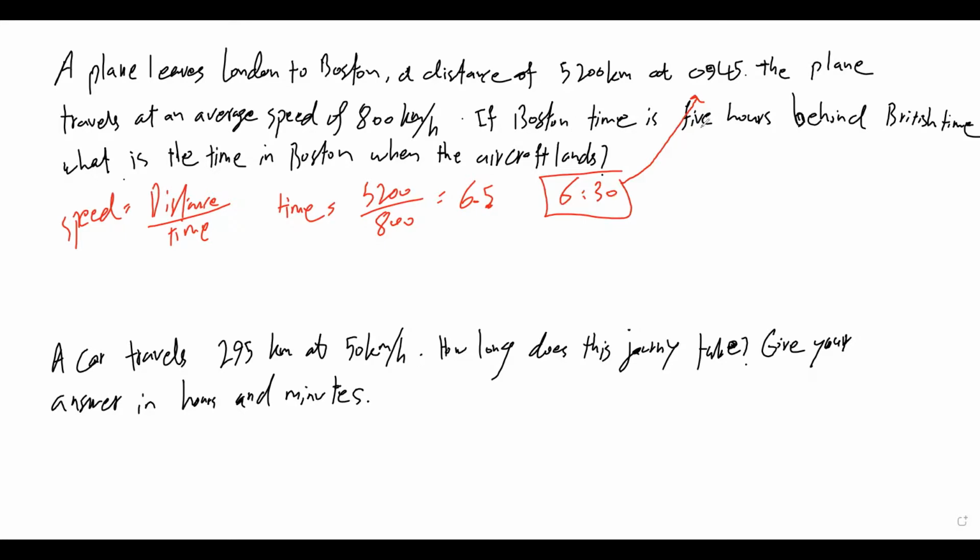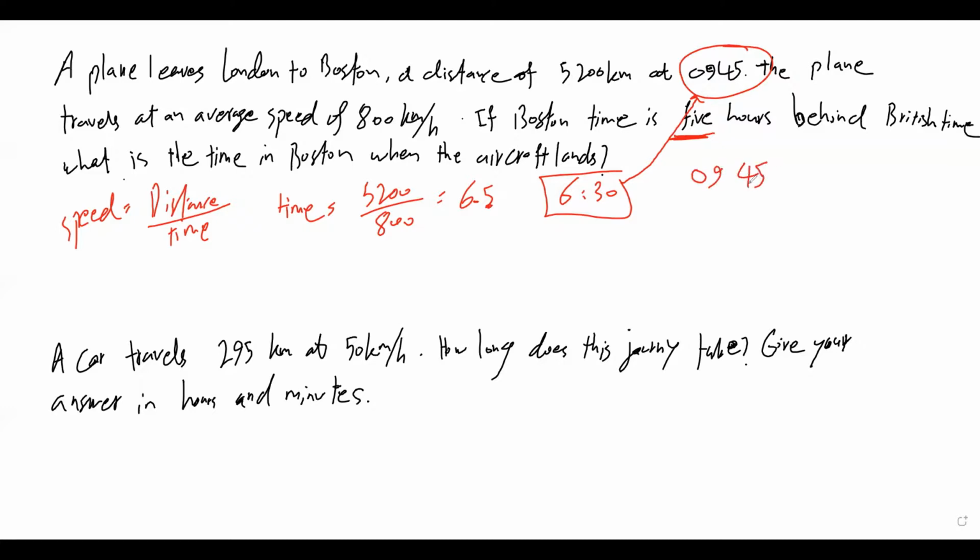So you have to take care of that 5 hours difference somehow, which since they say it's behind British time, we're gonna do a subtraction. So you're gonna add these two together, and then at the end you minus 5, and then that's the final answer. So let's do the addition first.